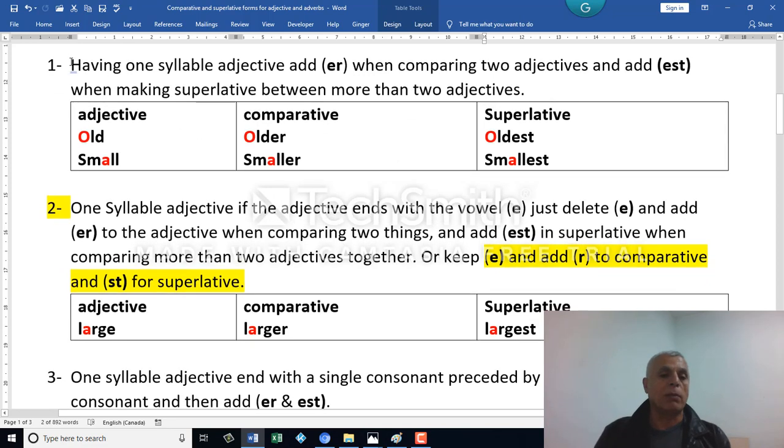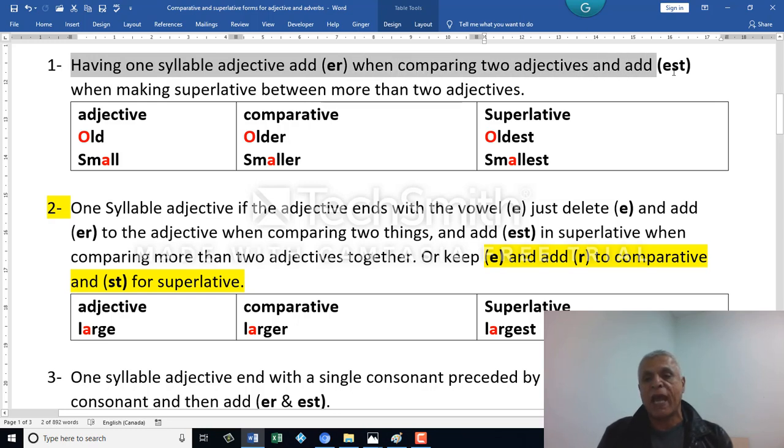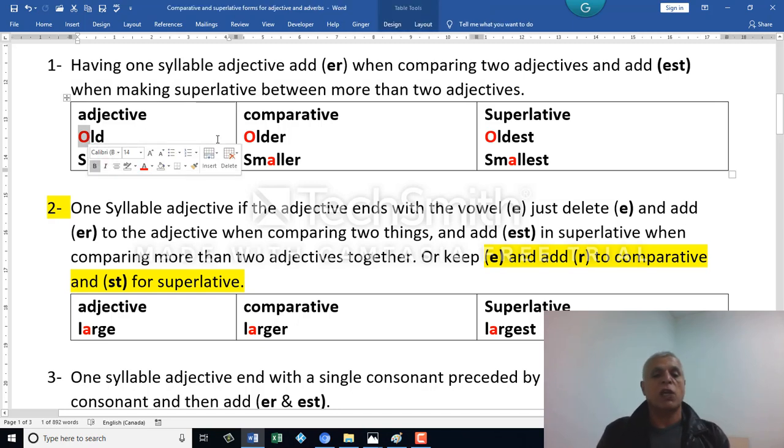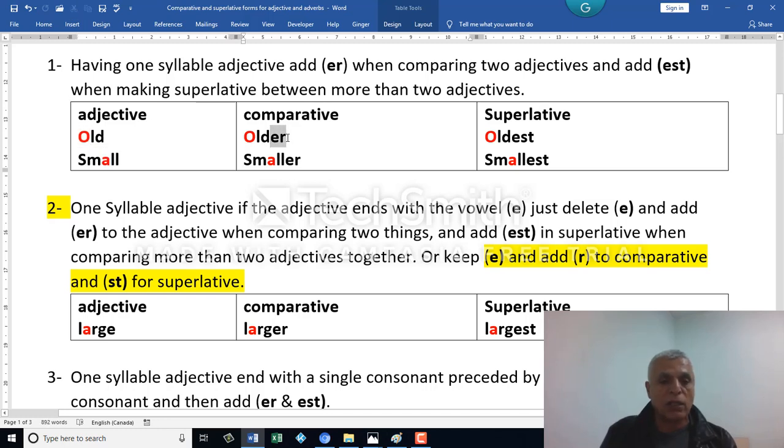For an adjective having one syllable, add er when comparing two adjectives, and add est when making a superlative between more than two adjectives. If you look here, we have the adjective old, because we have only one syllable, or we could say one vowel. When we make it comparative, we add just er to the end of the adjective, we say older.